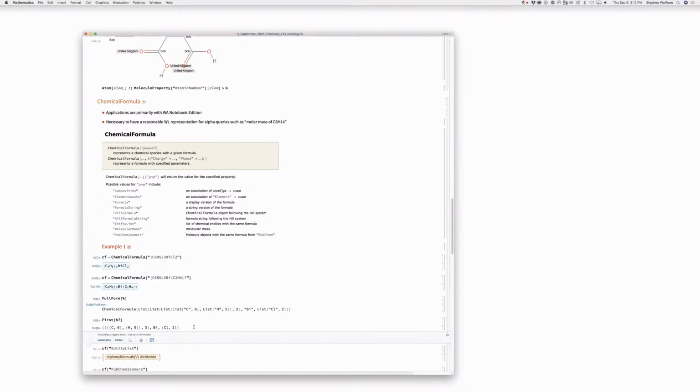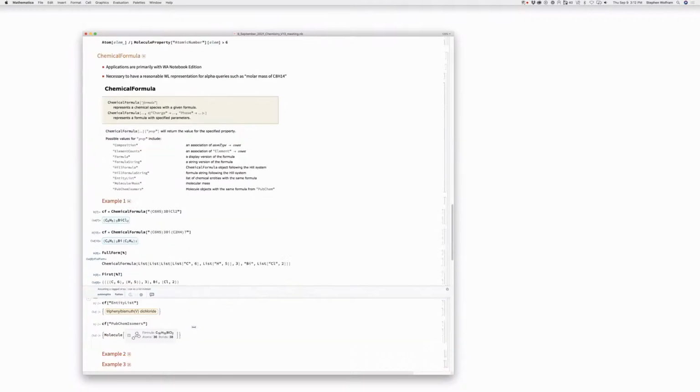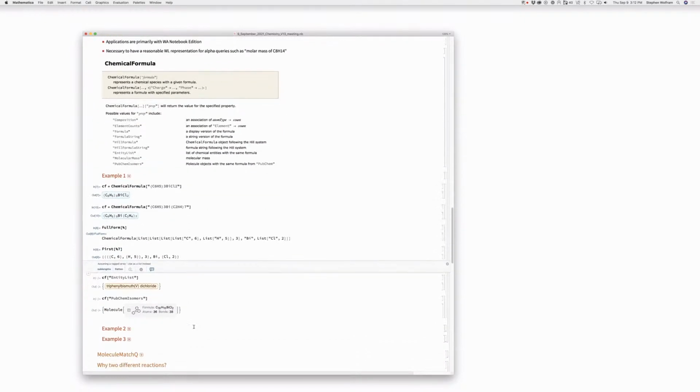So I use that because it maintains the hierarchical structure, and it allows you to faithfully represent the stuff as it comes in. If I were to programmatically generate them, then I might just enter in an association as a first argument: carbon goes to 3, hydrogen goes to this, and that would be the easiest way.